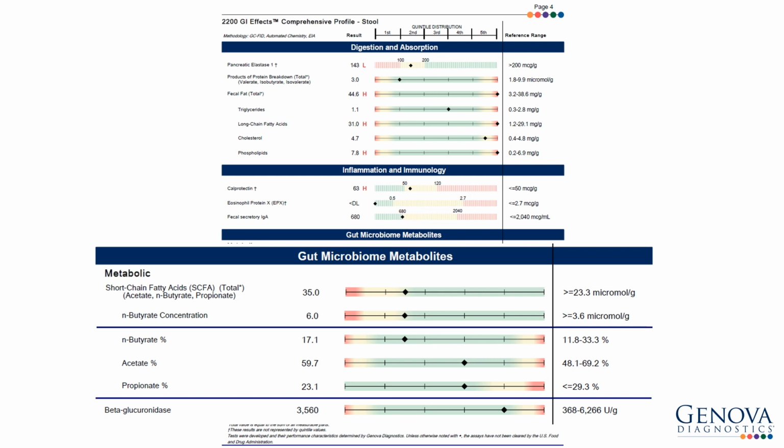Next, beta-glucuronidase is an enzyme, as you can tell by the ASE ending. This enzyme is made by anaerobic bacteria. It deconjugates and recirculates substances that were packaged for elimination during the phase 2 glucuronidation process. This patient's finding is normal.